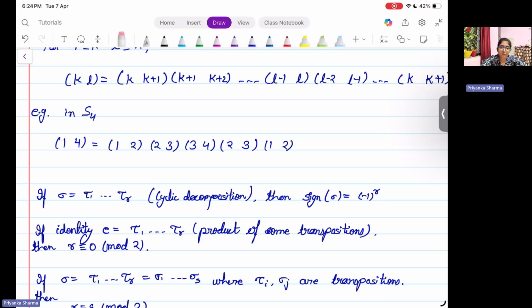The next transposition will be such that the second element in the transposition is the first element of this, making it a simple transposition. So obviously the transpositions could be 2 3, then 1 2, and then we stop.